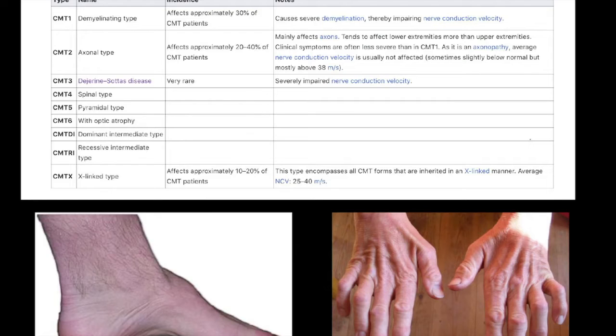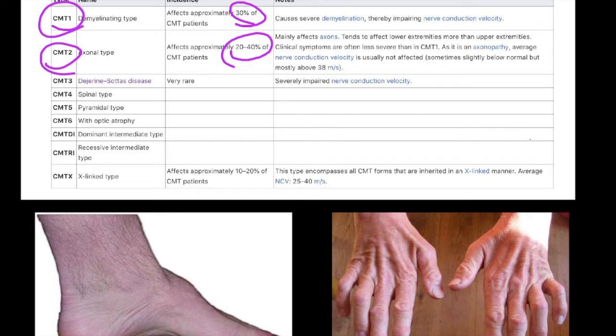There are many types of CMT. The two major ones that you will probably run into are CMT1 and CMT2. If you look at the stats here, CMT1 comprises about 30% of all CMT patients, and CMT2 is somewhere between 20 and 40%. So if you add those two together, you get something between 50 and 70% of the patients you see will be one of these two types of CMT, although there are certainly many, many other types.